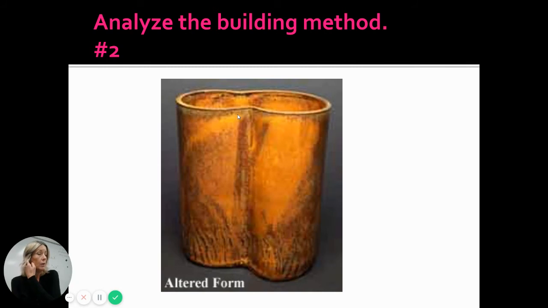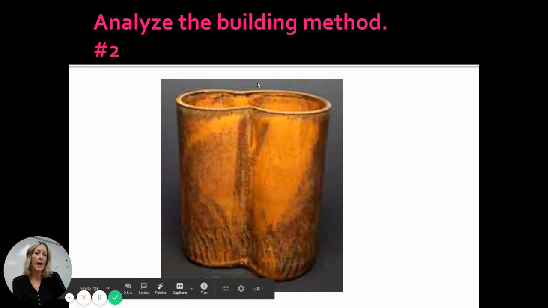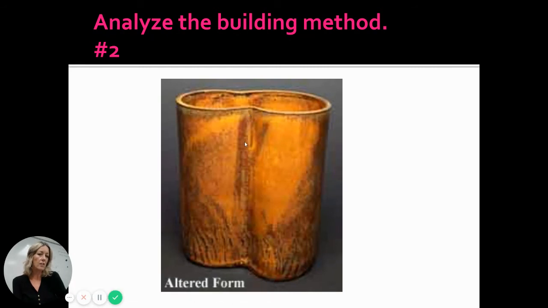That's possible. Or another way that's possible is they threw two separate cylinders, allowed them to get leather hard. When they were leather hard, they cut off one side of each cylinder and then joined them. So there could be more than one answer, and we don't really know.